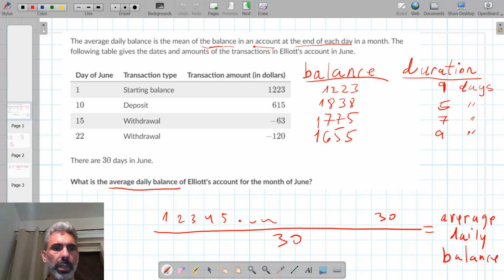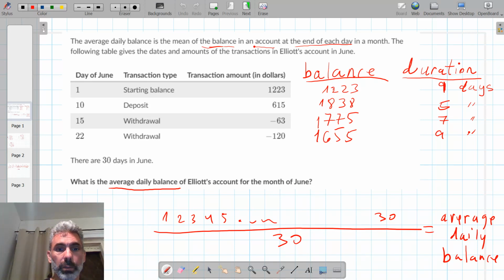So now we need to calculate the average daily balance. So we said that we need 30 data points for each of the days of the month of June, and then we need to divide it by 30, and then we will get the average daily balance.